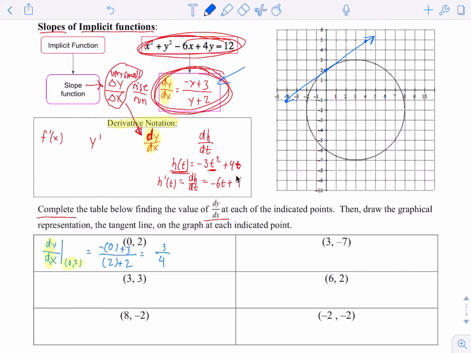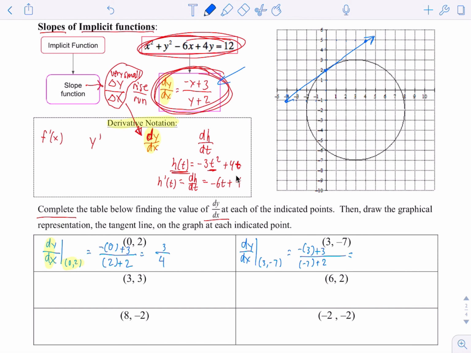Let's do one more example. Let's find the slope dy dx at 3 comma negative 7. I know it's going to be negative 3 plus 3 over negative 7 plus 2.